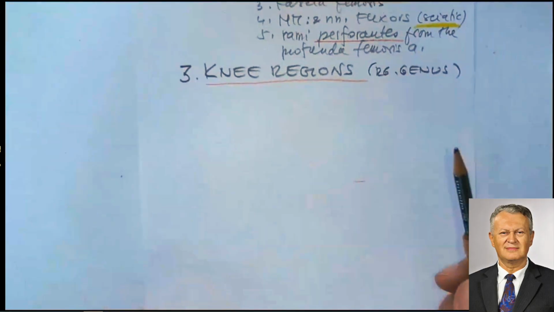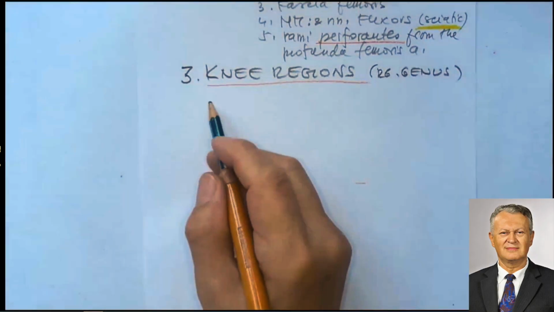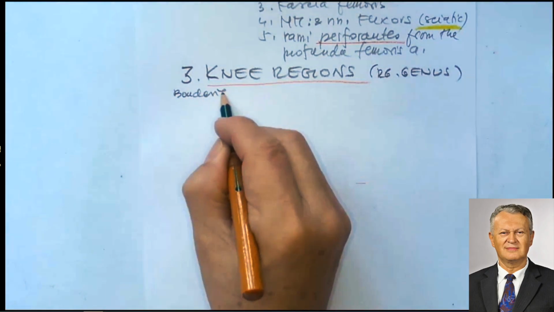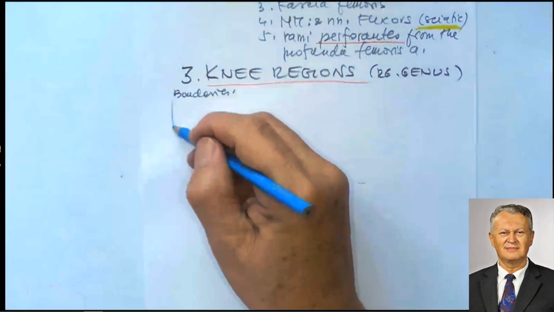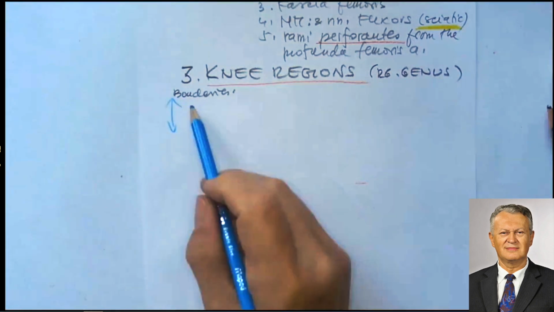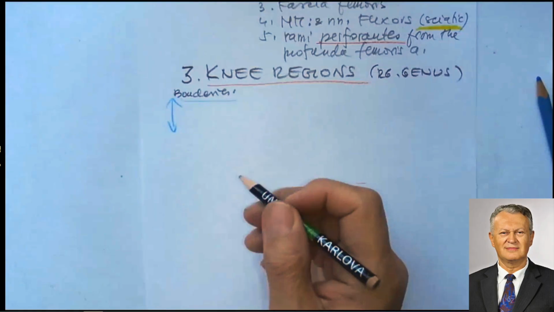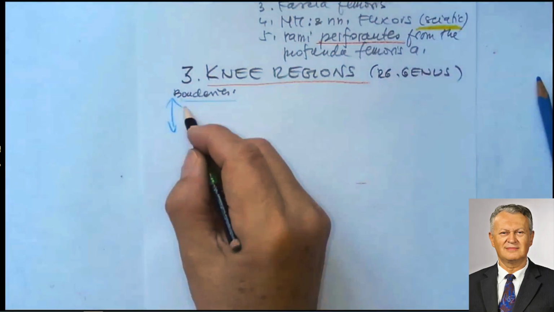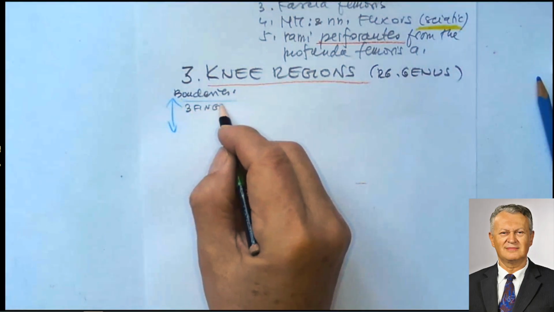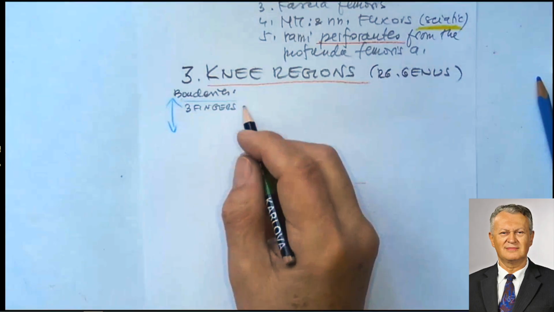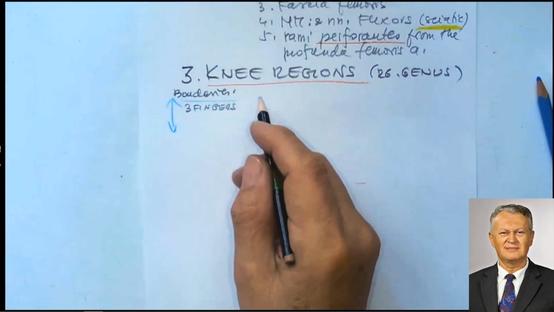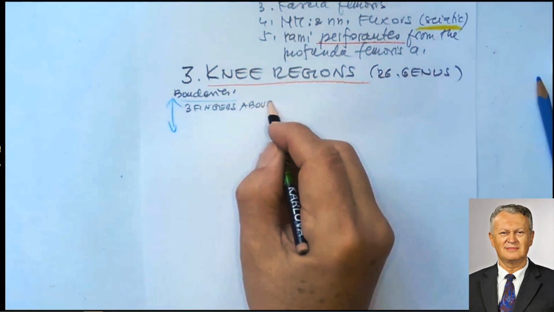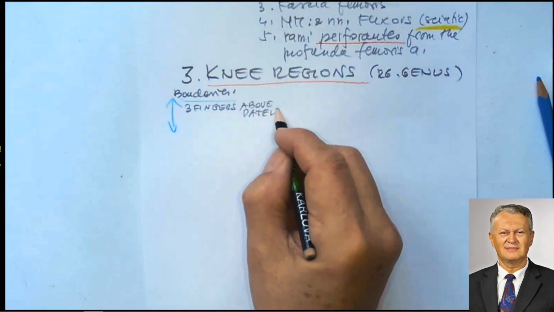Concerning the knee region, it is bounded proximally, but again boundaries. Our arrow showing the proximal. We said that this is the line passing three fingers above the patella.